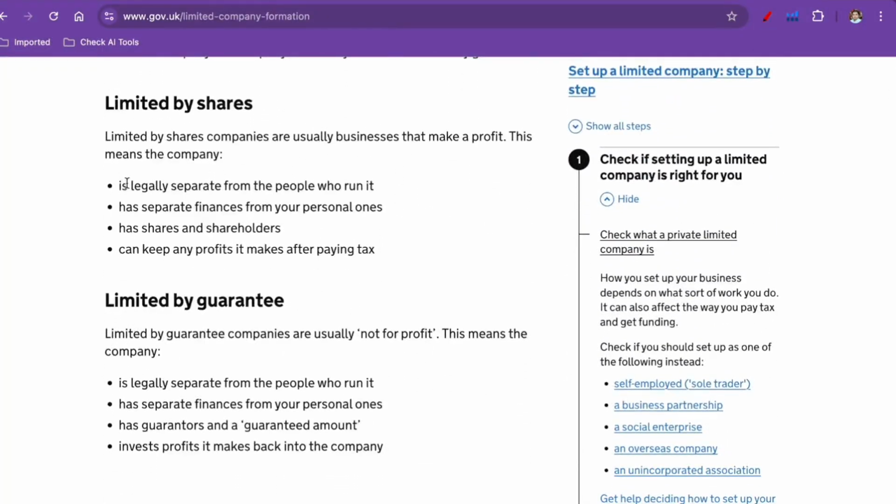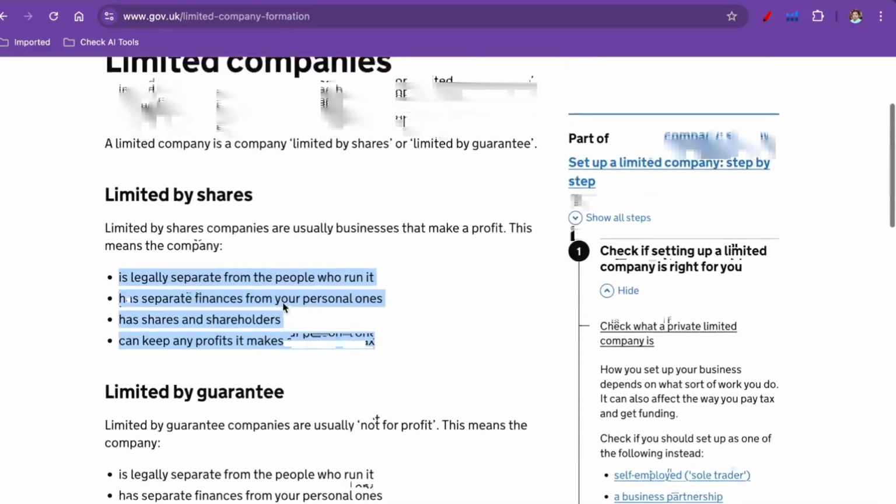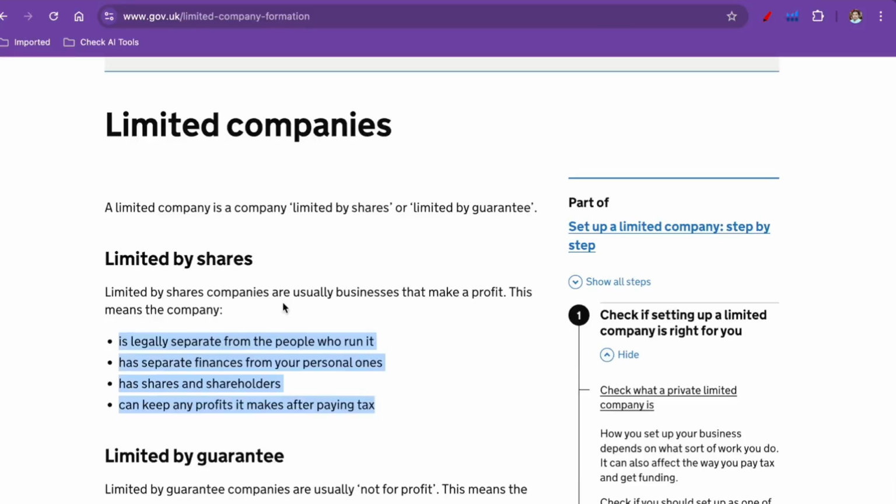You can see this one right here is separate from the business owner who is running it, and this is also limited by guarantee. So this is the way it works. If you are taking, let's say, a loan under a limited company, then normally the lenders cannot come after your personal assets. A limited company is a better idea.